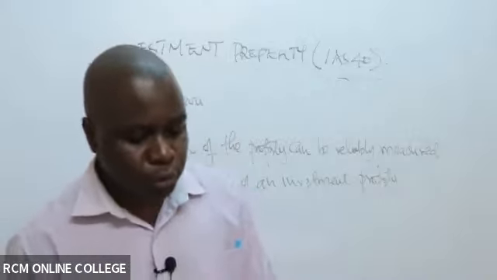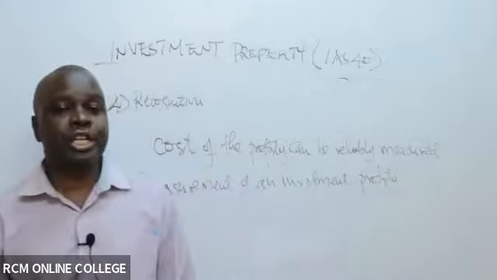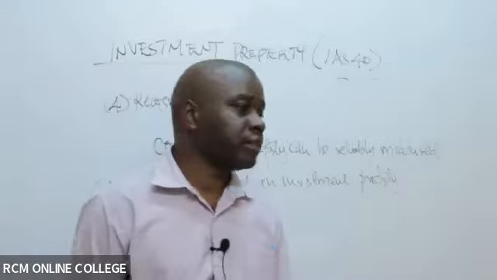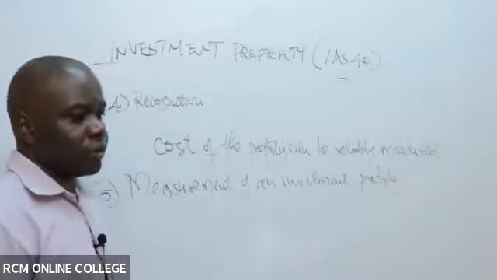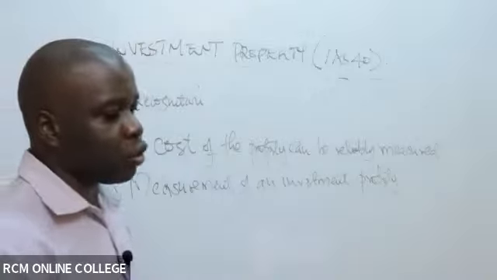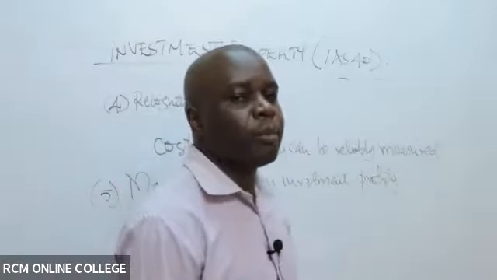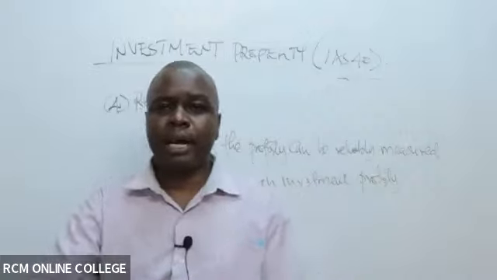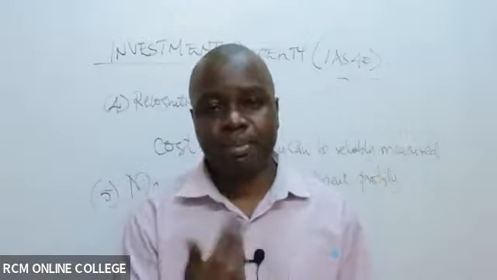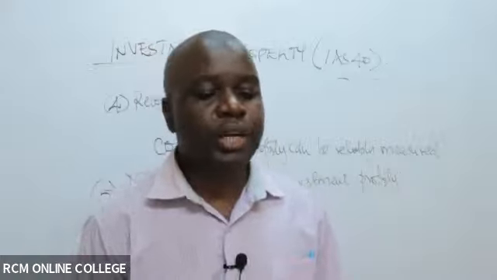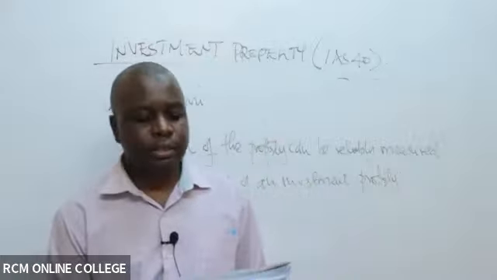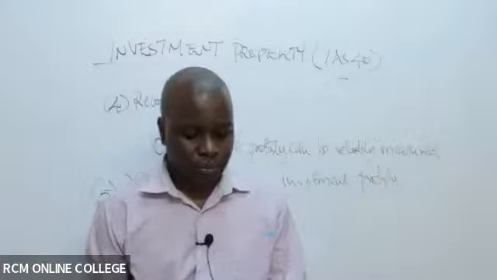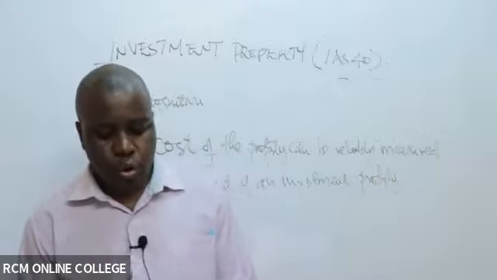You can write and say, it will initially be measured at cost. Initially, when it has been completed or constructed or when you've acquired it, you measure it at cost. But as time goes by, maybe it can appreciate or it can depreciate.